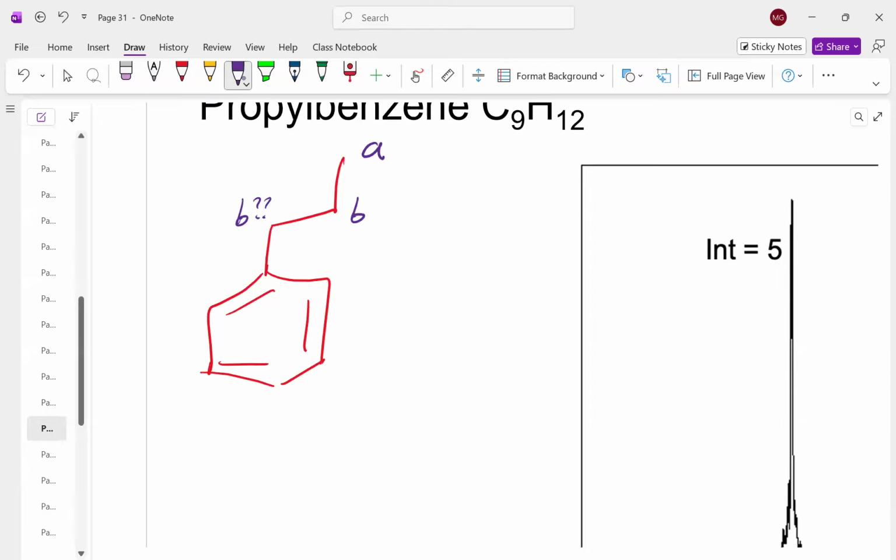Hopefully you're yelling at your computer screen right now that those are not equivalent, because this B is closer to the CH3, and this one is closer to that benzene than B is. So I'm going to call that something different. Then I'm going to draw in the benzene hydrogens here. Because of symmetry, these 2 are the same, these 2 are the same, and that one is unique.